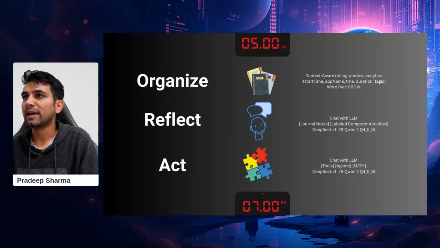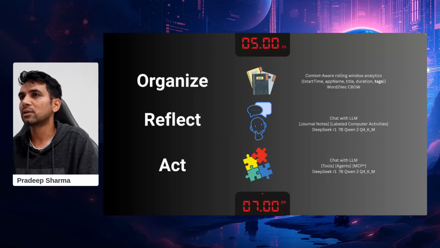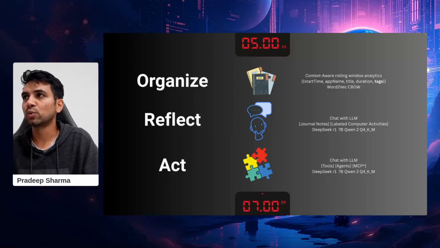And then second thing it does is to reflect. So now that we have data organized, we reflect on it. The nodes and the labeled computer activities, these are the inputs to this LLM. So it's a sort of a chat with LLM action that we are taking here.